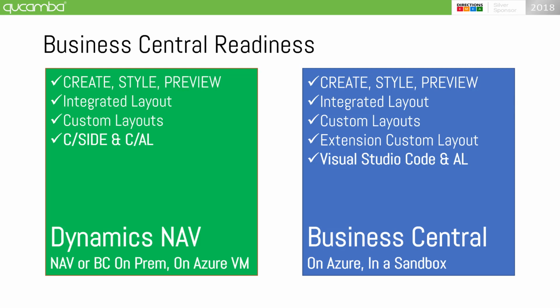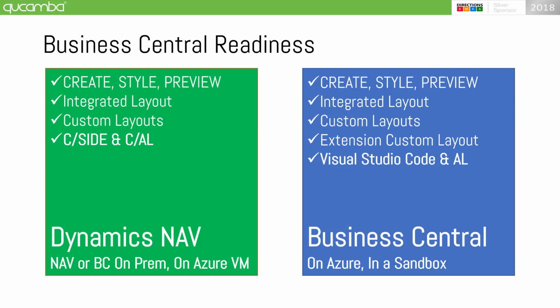In Dynamics 365 Business Central, there are some limitations regarding the isolation of apps. For example, it's not possible to change the integrated layout of a report that is not contained in your app. For this reason, Qucamba Reports decides in each individual case whether it can update an existing integrated layout or whether it has to create a custom layout or even an extension custom layout.